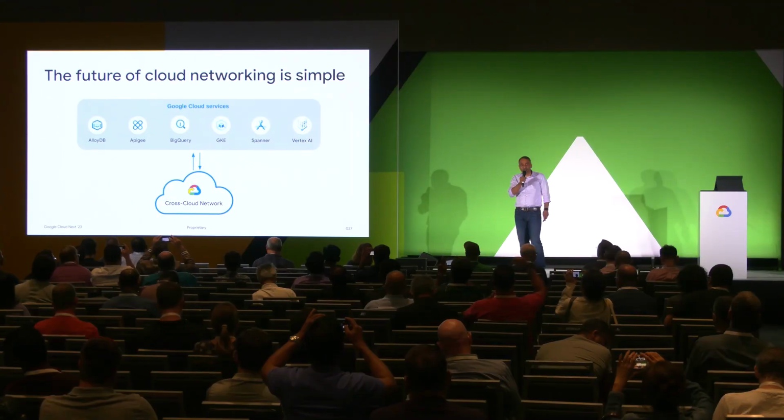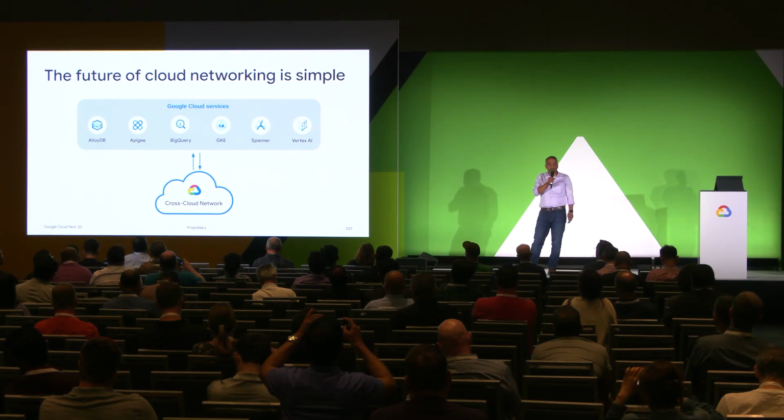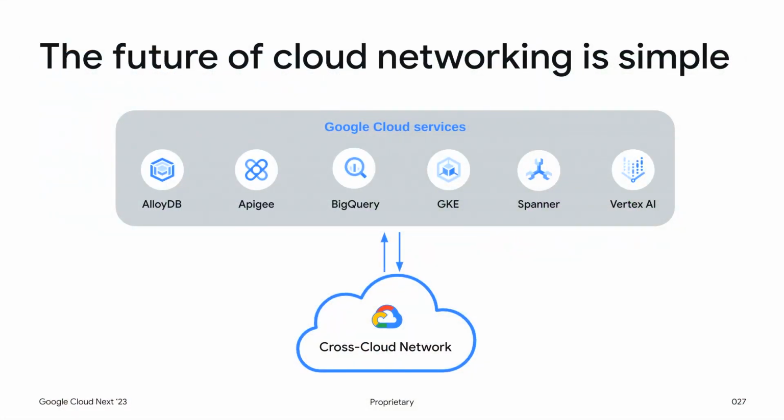With cross-cloud network, you have an open platform with best-of-breed security built in, that provides any-to-any connectivity with a high-performance underlying network. It makes access to Google's premium first-party services like Vertex AI, Spanner, GKE extremely simple and efficient.